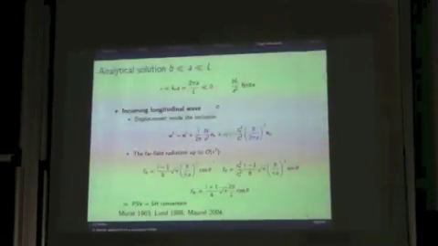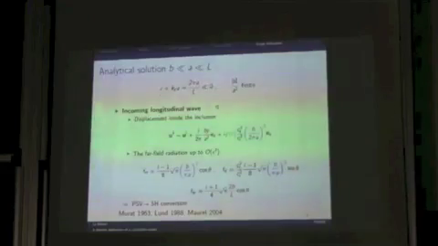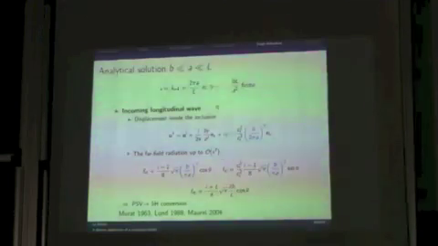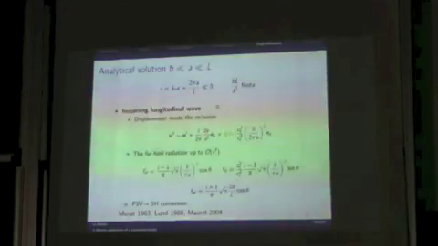In this case, the displacement inside the inclusion is a vertical displacement with Y, so in fact it's a rotation according to the direction EX, and a uniform horizontal displacement.